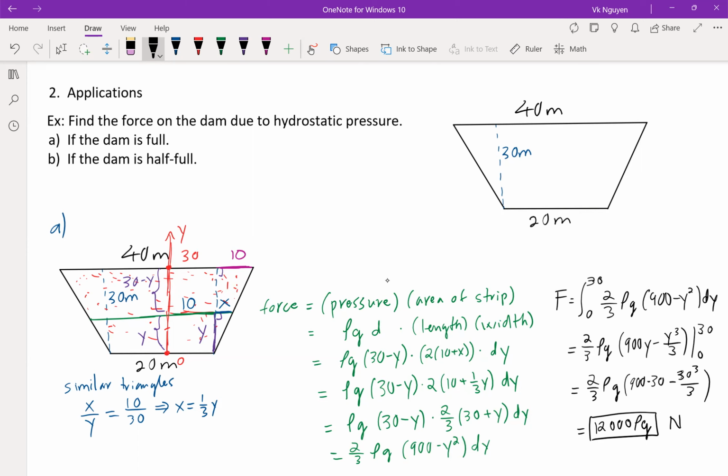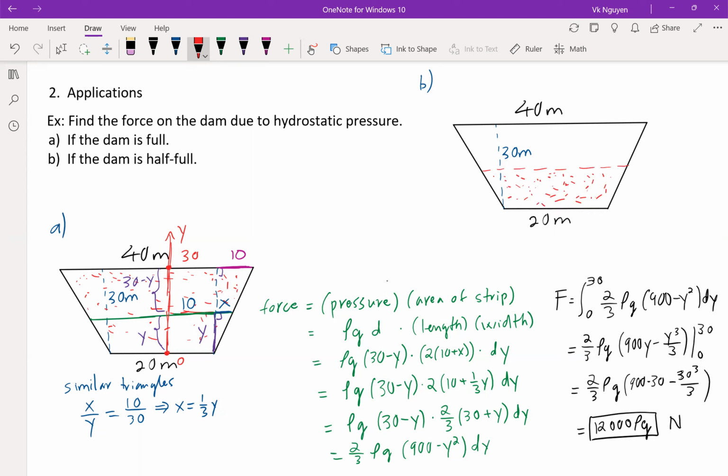Now let's take a look at B. What happens if it is half full? In case it is half full, this is what half full looks like.